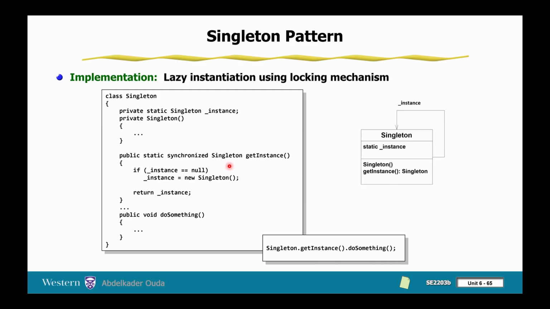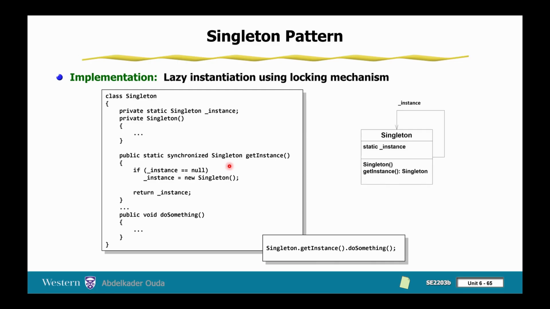All of them need to call the method getInstance. But we need to make sure that getInstance is executed by one request at a time. It cannot be executed by multiple requests at the same time. Because when we say multi-threading, that means we may have multiple requests to the same method at the same time.